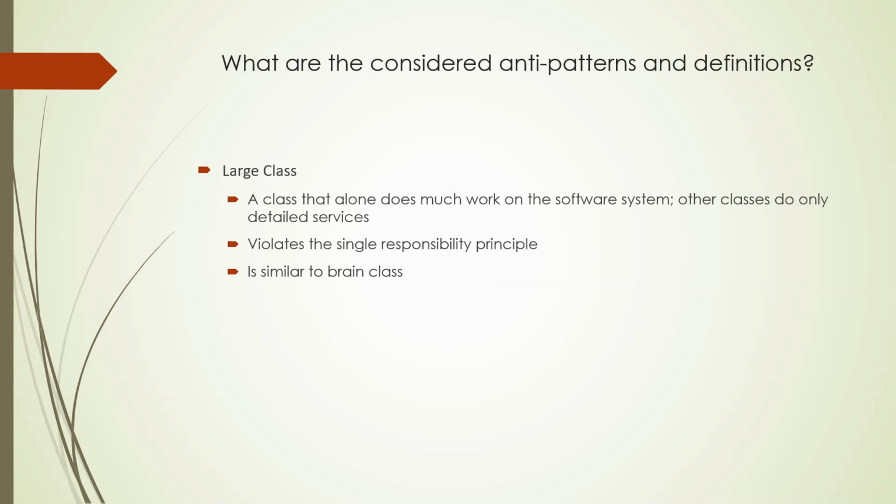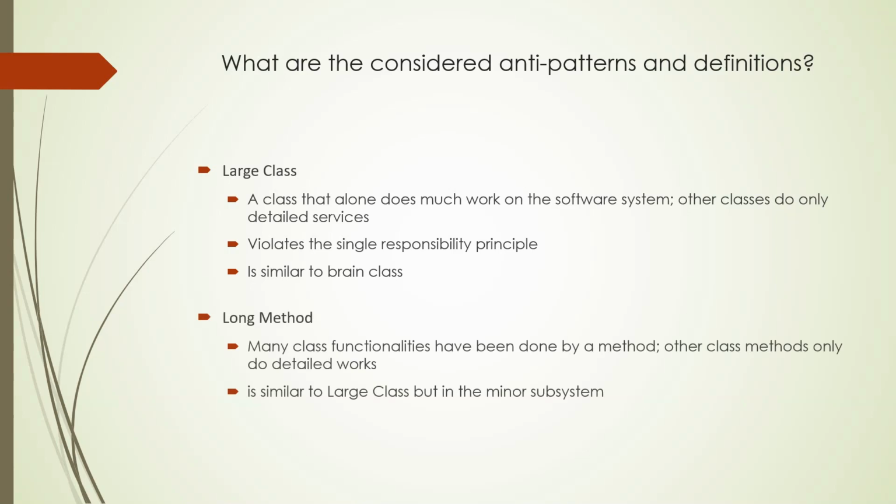We use three anti-patterns in our study. One of them is large class, a class that alone does much of the work in the software system. Other classes do only detailed services. This class violates the single responsibility principle. It is similar to brain class.